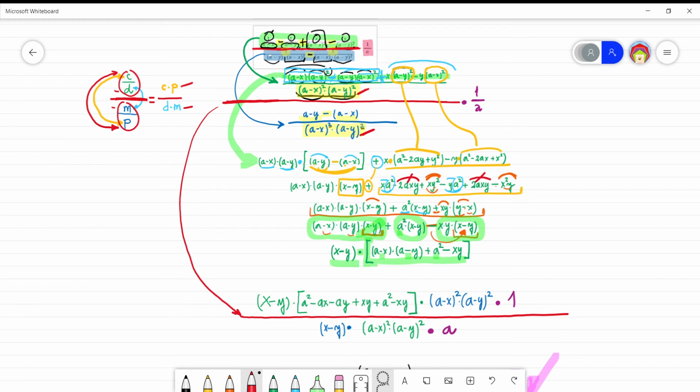Now, the whole green thing we were just doing, I just copy in here. Now I multiply by these two blue guys, just using this rule. All this upper thing, whose final result is this, you need to multiply by the thing in the very bottom.